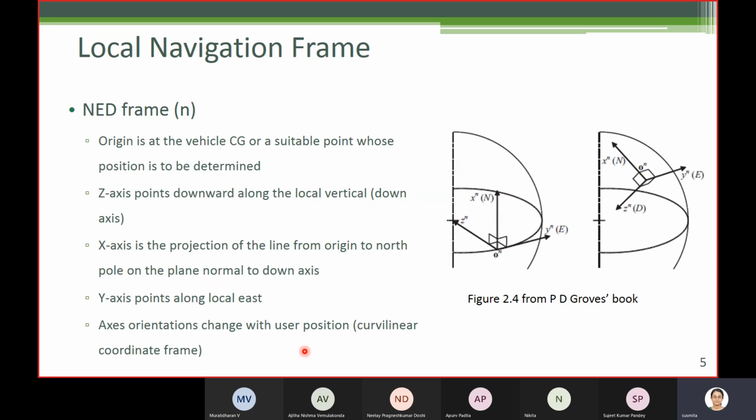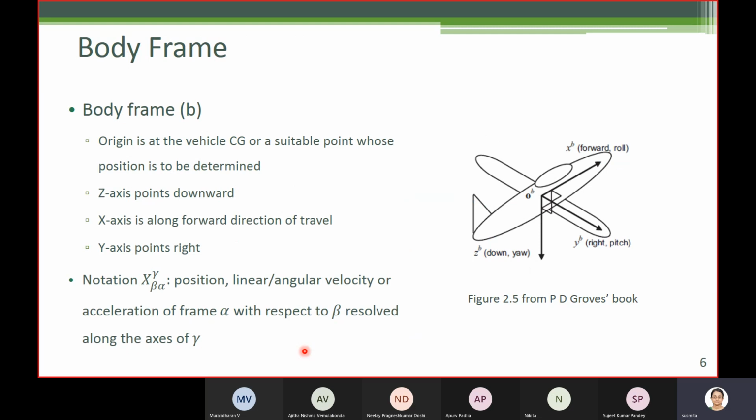So this is the third frame. The fourth and the last one is called the body frame. Notation is B. The origin is again at the vehicle CG or at some point whose position we want to determine.